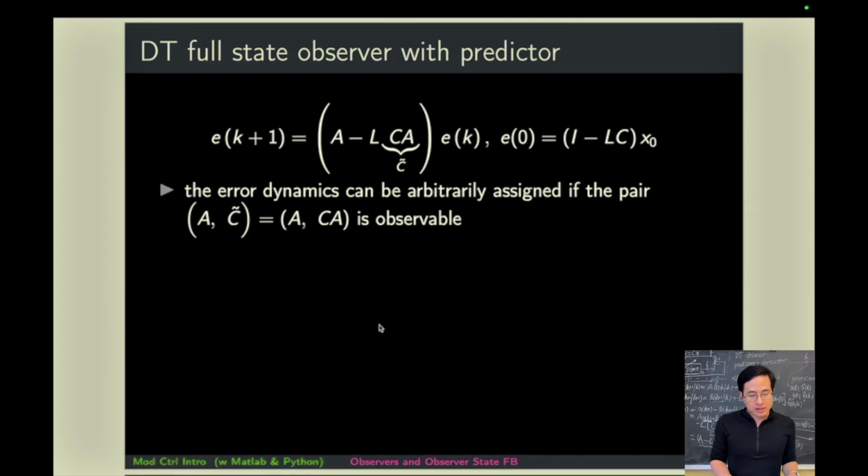So we finish this more formally by treating C tilde as C A, or treating C A as a new C matrix, C tilde. Now if we use C tilde as the new C matrix for this system, then the condition for arbitrary placement of the eigenvalues is that A, C tilde, this new matrix set, is observable.